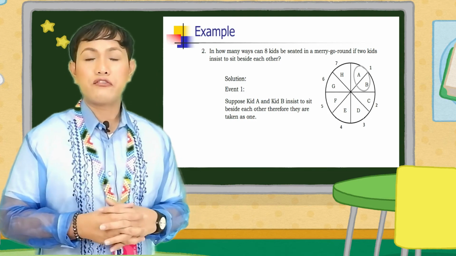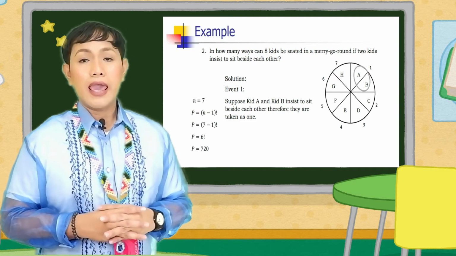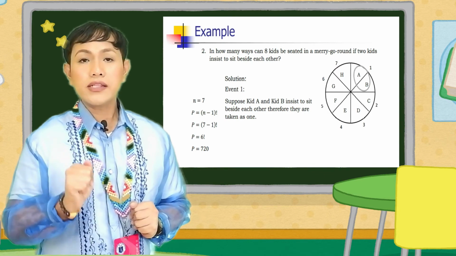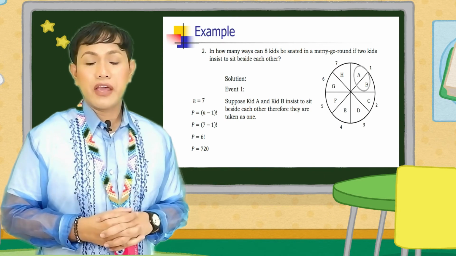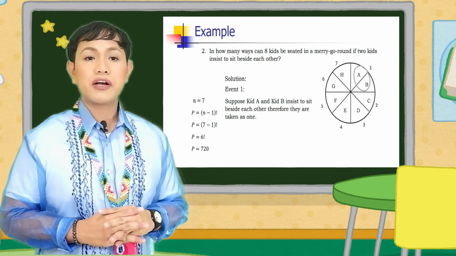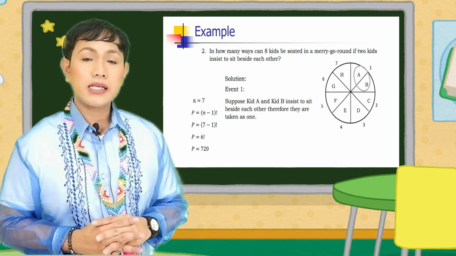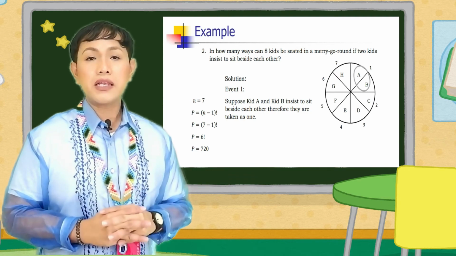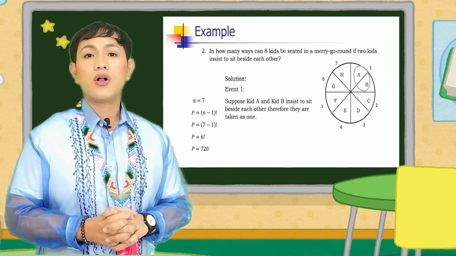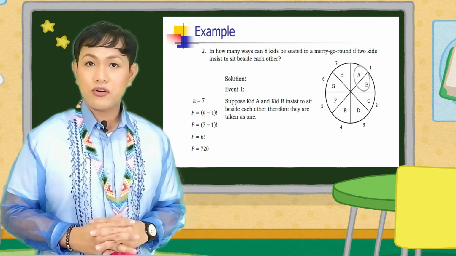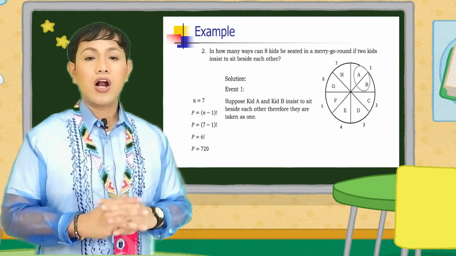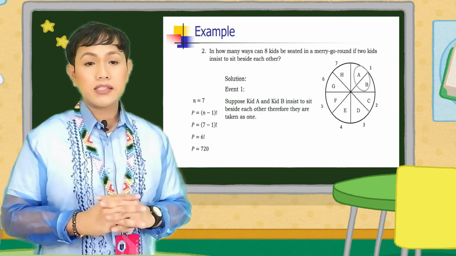So, using the formula for circular permutation, the quantity of n minus 1 factorial, when substituted with 7, P is equal to 7 minus 1 factorial. 7 minus 1 is equal to 6, and P now is equal to 6 factorial. 6 factorial is equal to 6 times 5 times 4 times 3 times 2 times 1. And there you go. Our answer is 720.